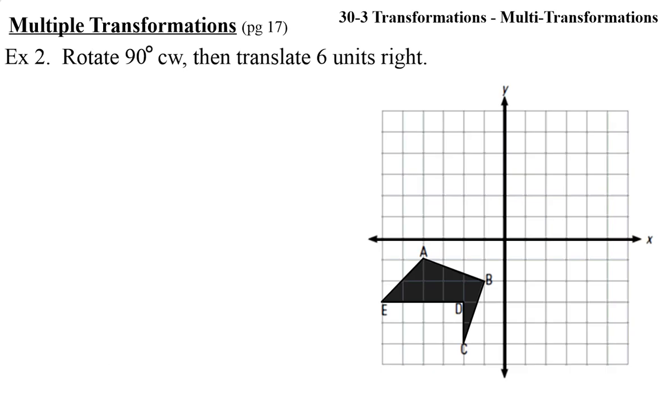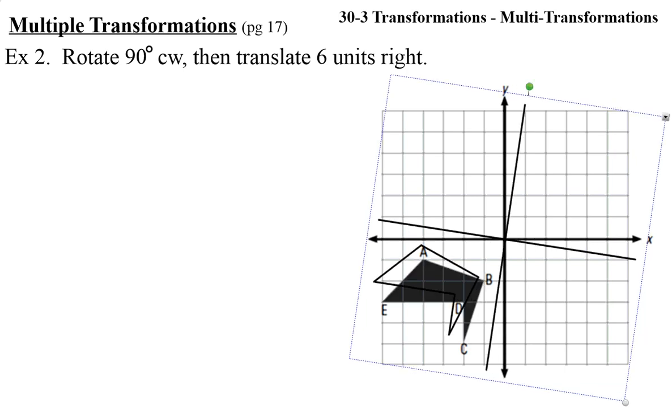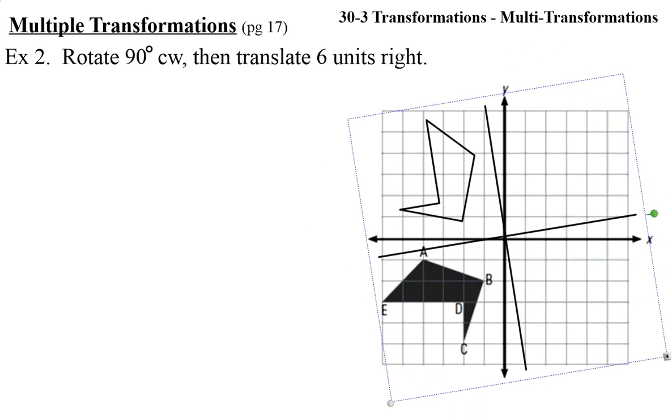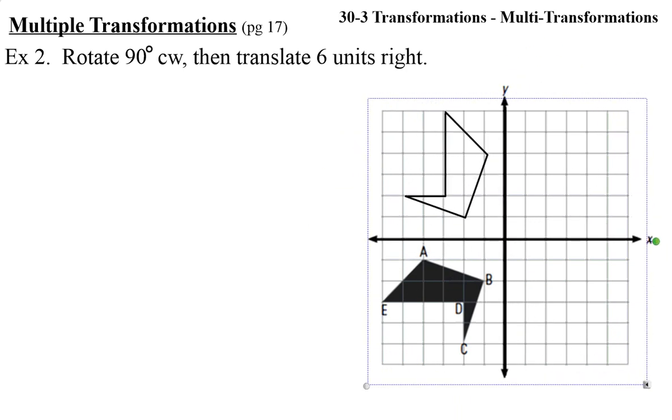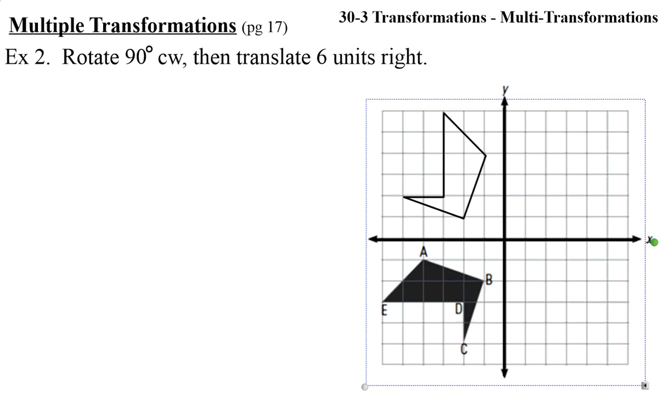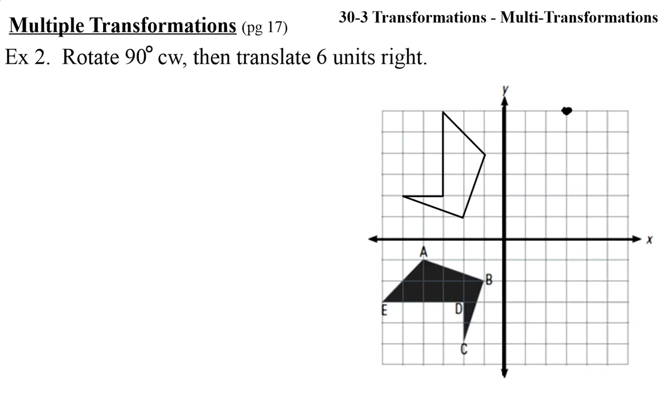If we take a look, what we have to be careful of is that this time, example 2, we can see if we do it where I can just rotate, there's my 90 degrees clockwise rotation in the same spot as it was, and everything translates 6 to the right. And we end up with the exact same object.